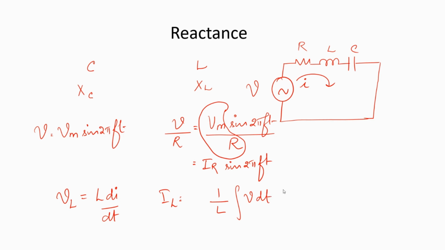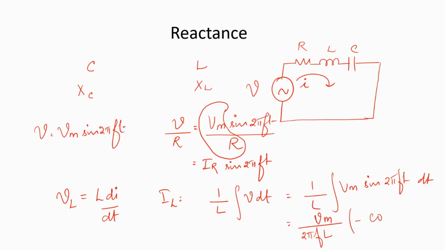So the overall voltage over here is V. So when I replace it with the sinusoidal expression, what I would get here is 1 by L integral Vm sine of 2 pi ft dt. And on integration, I will get 1 by 2 pi f into L into this Vm, because all of these are constant terms, minus of cos 2 pi ft. So this is the expression for the current through the inductor.